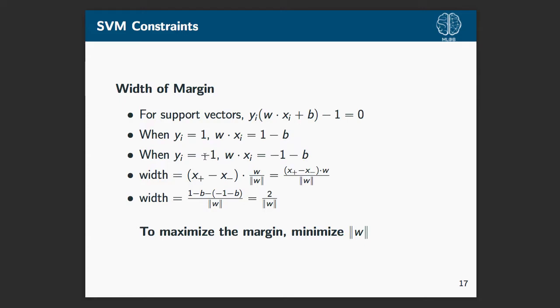And similarly, when it's negative 1, the dot product is equal to negative 1 minus b. And we defined this one as x plus, and this as x minus from the previous picture. So when you plug both of these equations in here, we get that the width of the margin is equal to 2 over the norm of the weights vector. What is y again? Y is the class of the training point, so it's either 1 or negative 1.